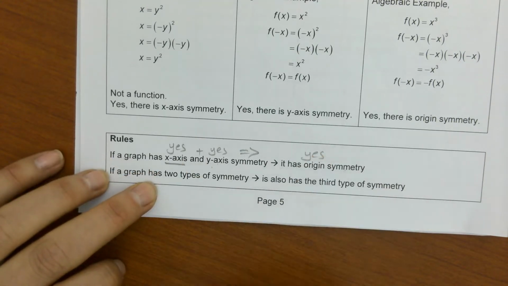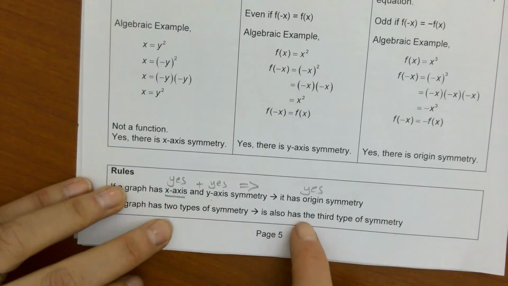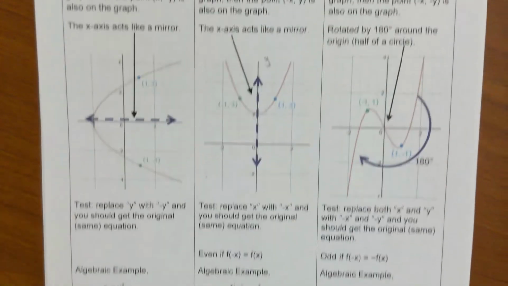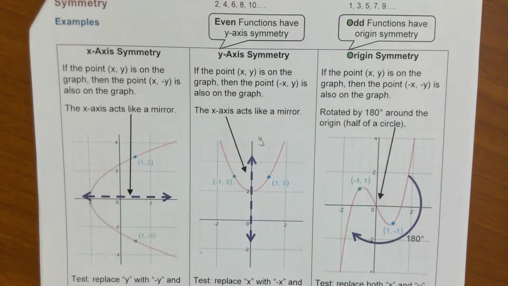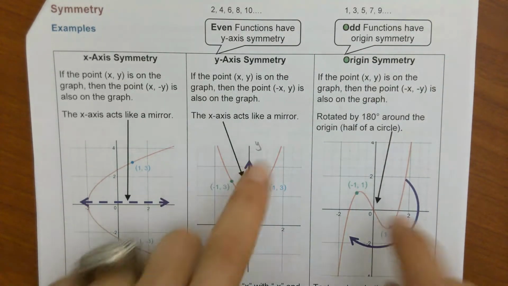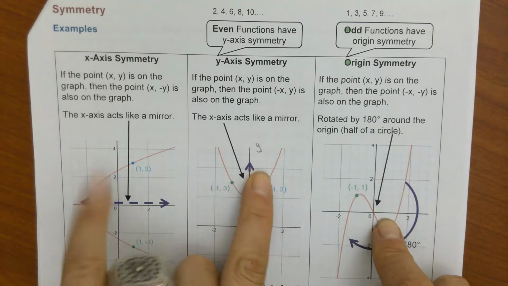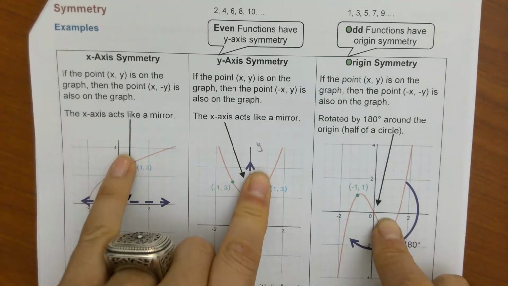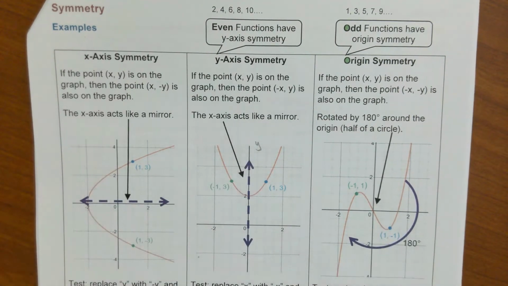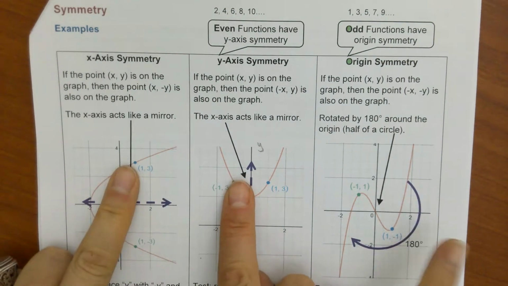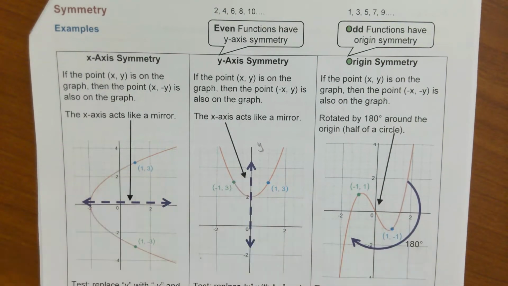Another way to say it is, if I have two types of symmetry, then I also have the third type. So maybe there's a graph and I test it and I say, oh, it has these two types of symmetry, then by default it has this one. So I don't have to test all three. Okay, we'll come back to that.